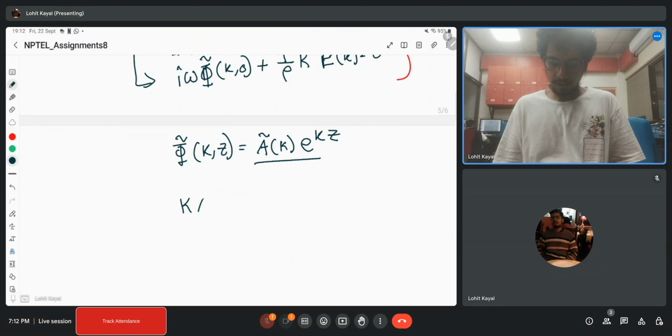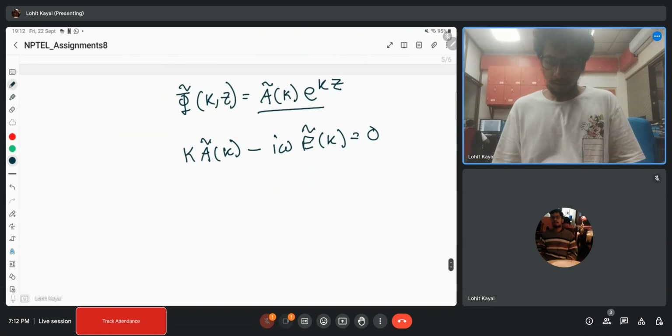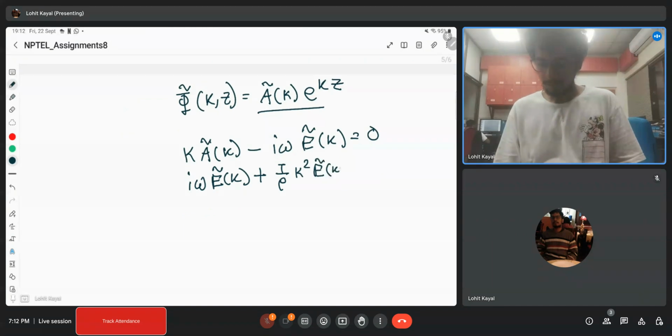We will get k A tilde k minus i omega eta tilde k equal to 0, and then i omega A tilde k plus p by rho k square eta tilde equal to 0.